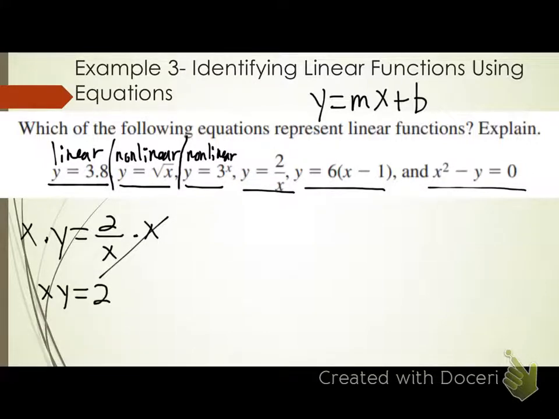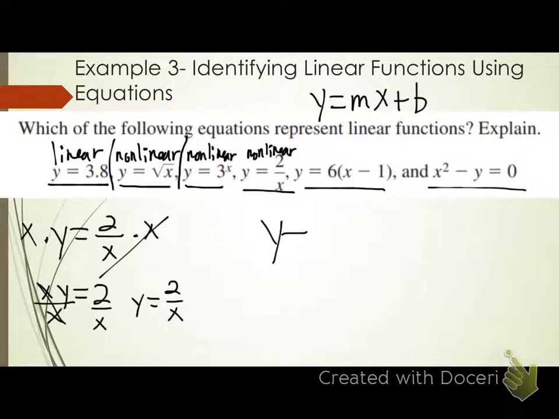Is that looking more like slope-intercept form? No, because if I was trying to get y by itself, I just have to divide by x on both sides. And that just takes me back to where I originally was. So what do we think? Linear, nonlinear? Nonlinear. We okay with that one?